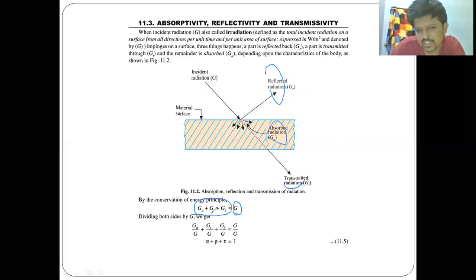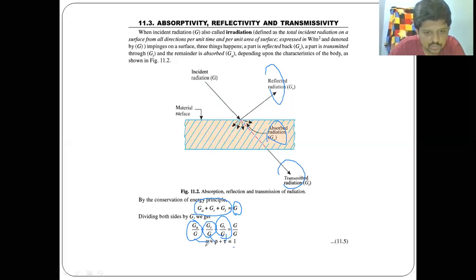If you divide by G, this is Ga by G, absorbed by incident, Gr by G, reflected by incident, and Gt by G, transmitted by incident, which equals G by G. Now defining these as alpha, rho, and tau, alpha plus rho plus tau is equal to 1.